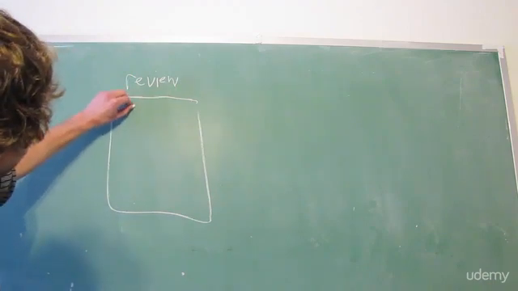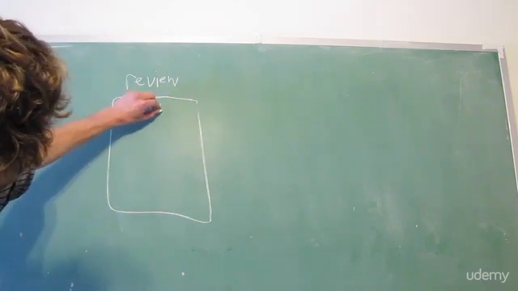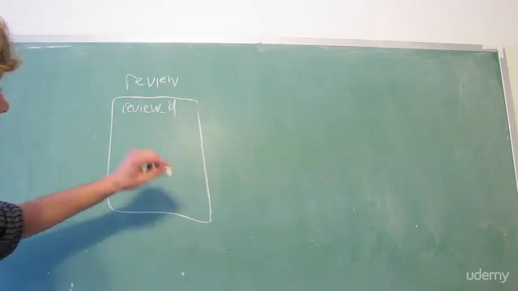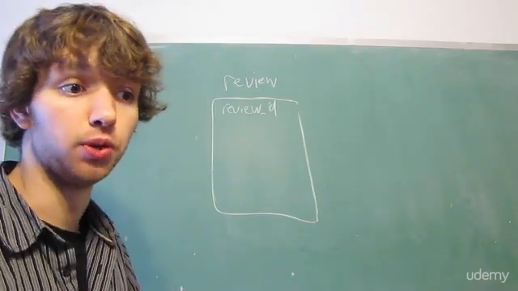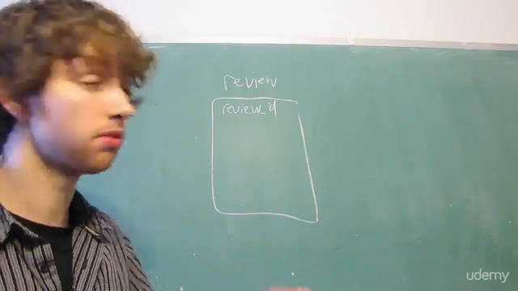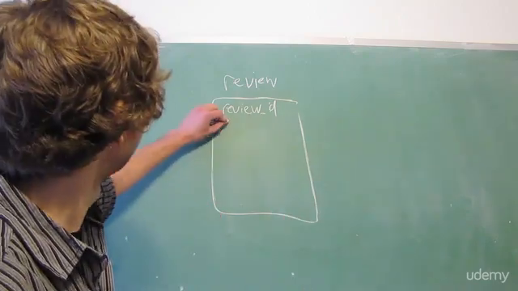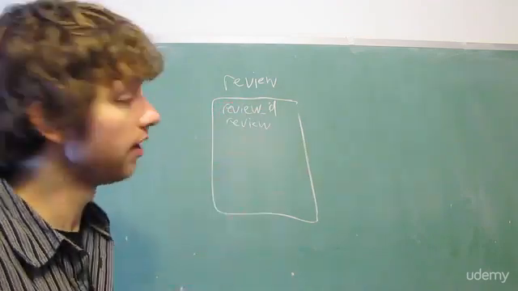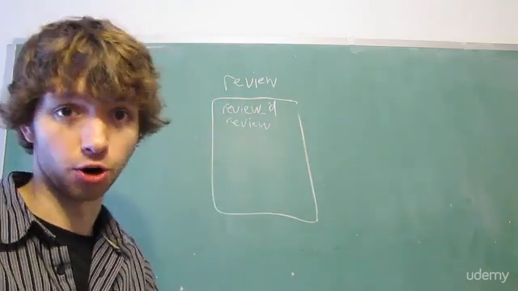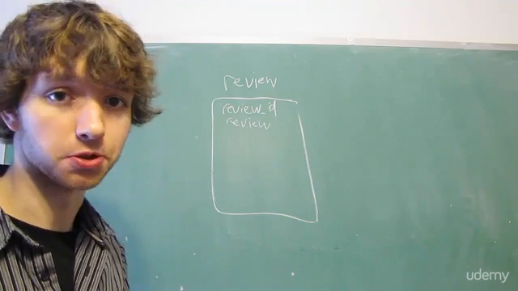But in this you would have something like a review ID, obviously, which will be the primary key. You would also likely have what that review is, in text form, like a comment. So you would have the actual review, and then maybe a star rating or multiple star ratings.